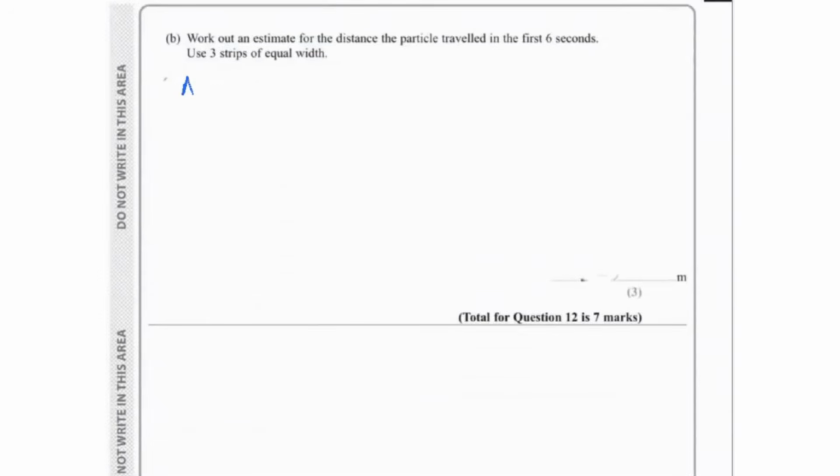So A, which is a triangle, is half times base times height. That's 30. Then the trapezium, half times height, which is 2, and the sum of parallel sides are 30 and 50, which is 80.